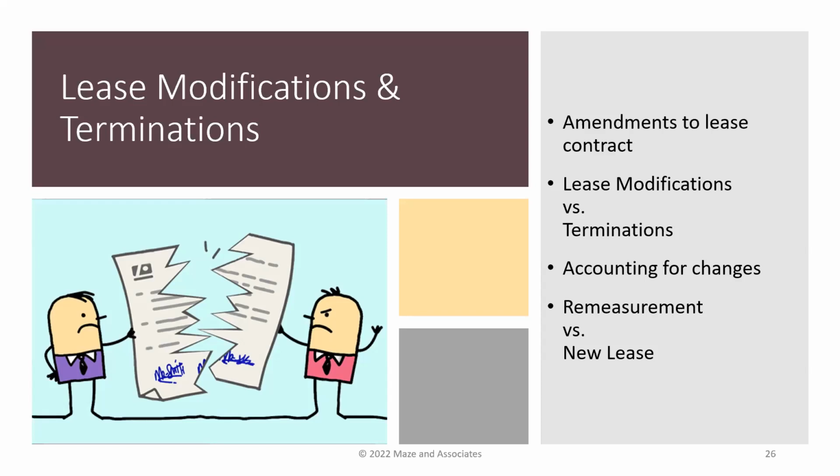You report any modification as a new lease by the lessor and the lessee if new assets are added and they're not unreasonably priced. If neither of those components comes into play, then you have to remeasure the existing lease. If those are in place, then you have a new lease for the lessor and the lessee.